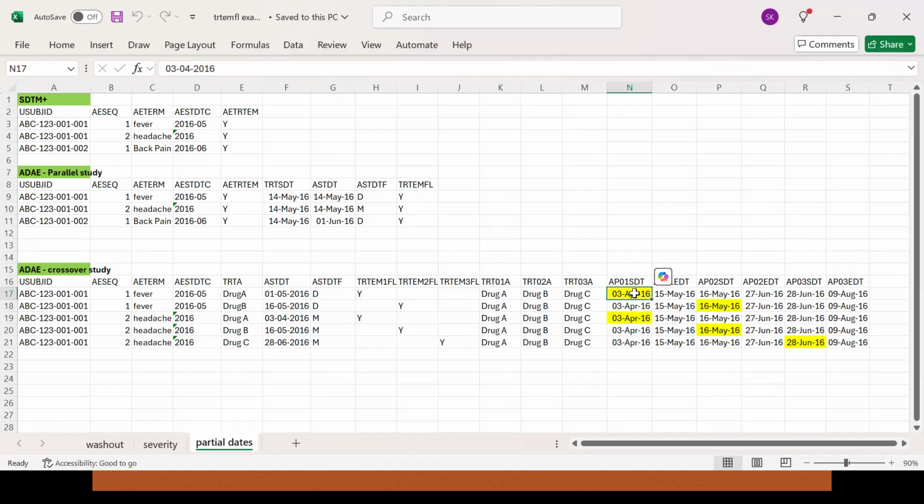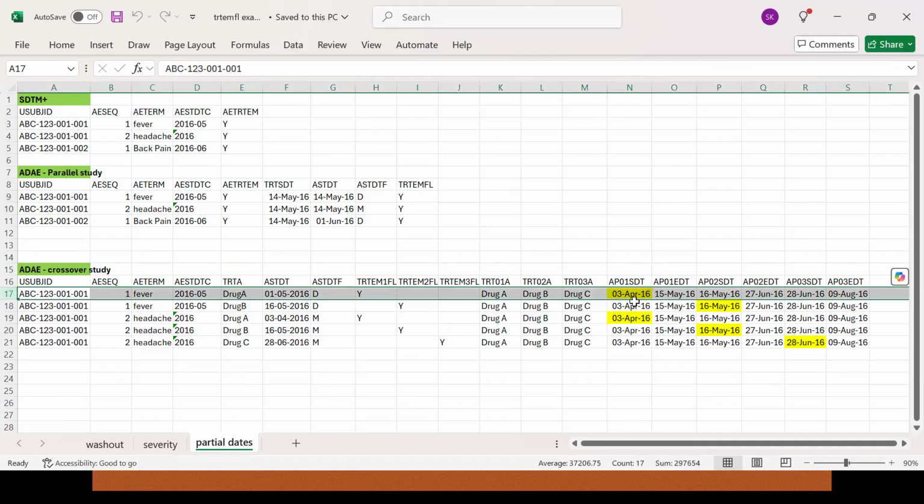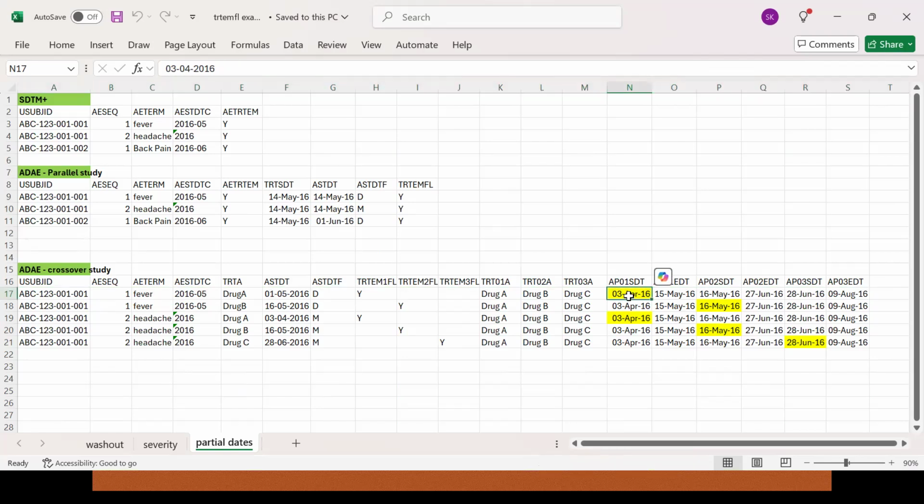In this record, the first scenario is that we assign the imputation date as 1st of May. Why? Because the month of the period start date, or the first drug exposure date, that is drug A start date, is not the same as the adverse event month.